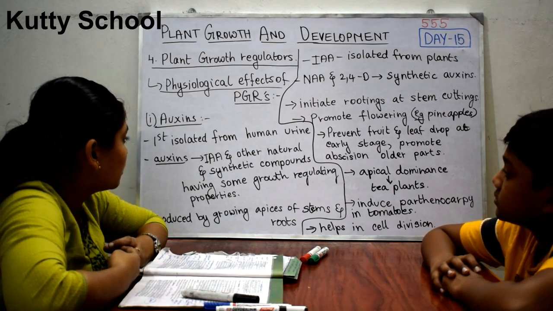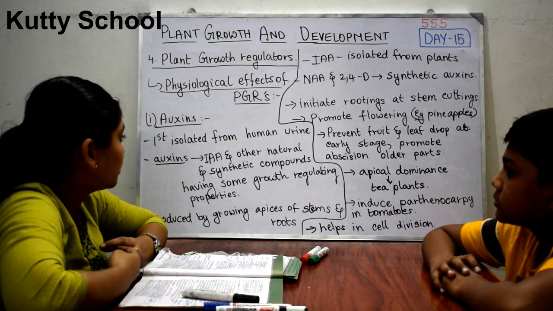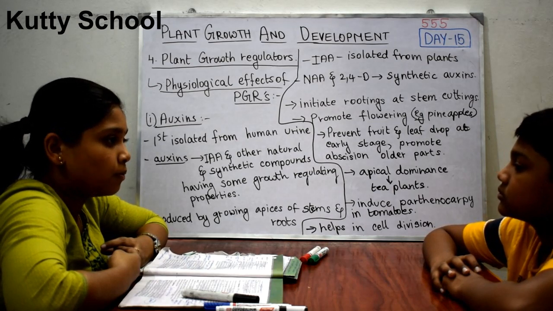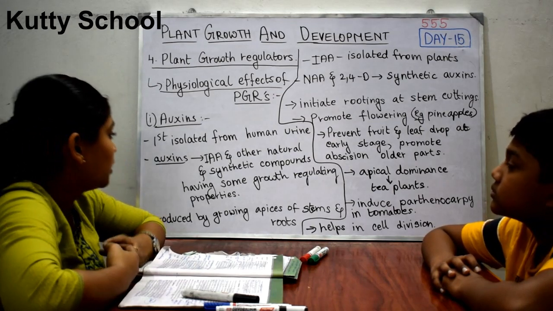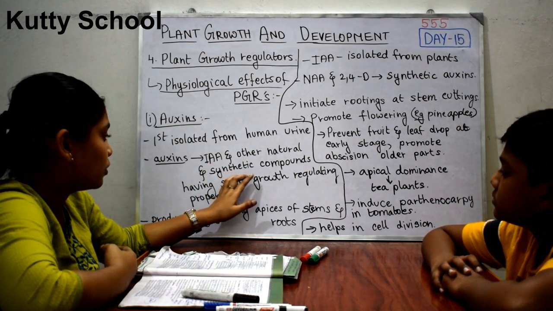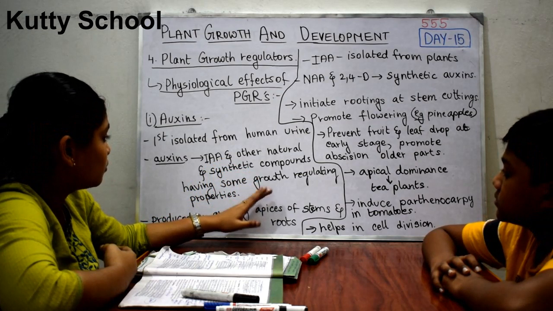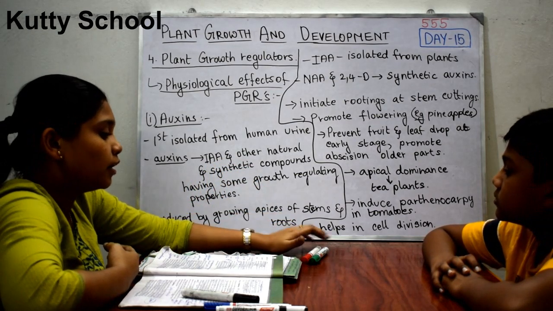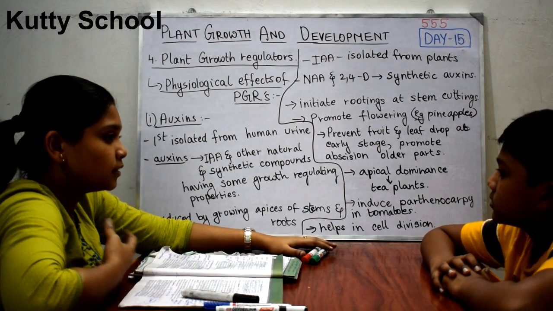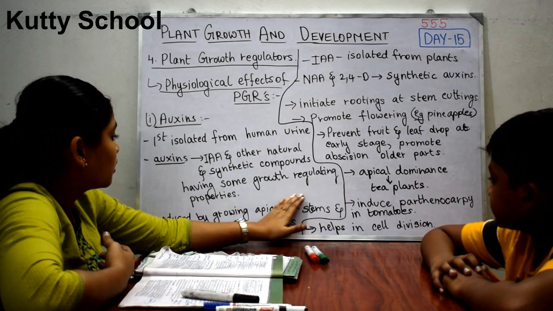Auxins is a general term used for all indole compounds, indole derivatives, that is indole acetic acid and other natural and synthetic compounds of indole derivatives which have growth regulating properties. Altogether it is known as auxins.